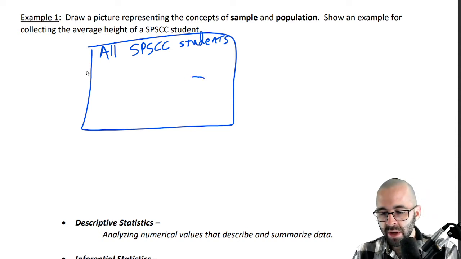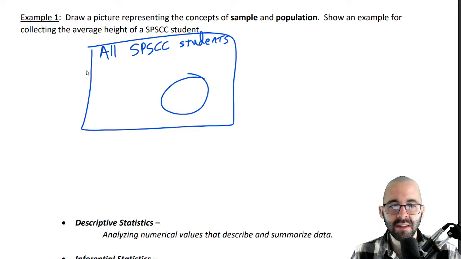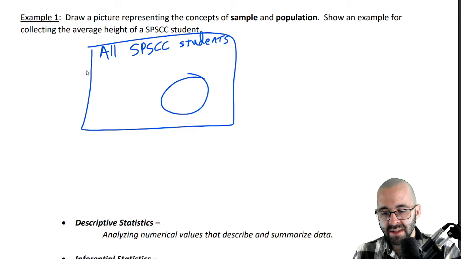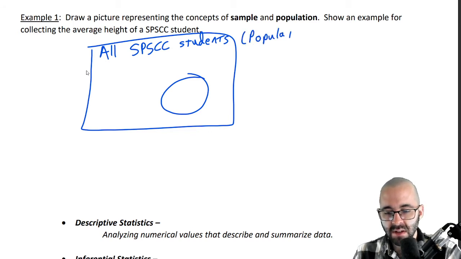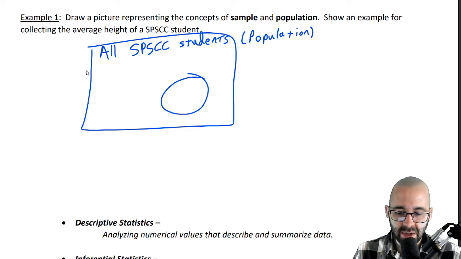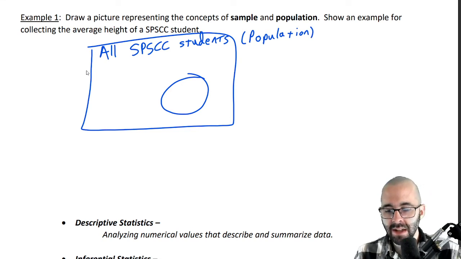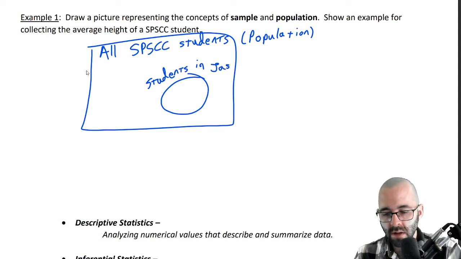In reality, though, we can only ask a small subset. All SPSCC students is going to be our population. In reality, it's going to be a small subset, so maybe it's all the students in Jason's class or something. And that's going to be our sample.